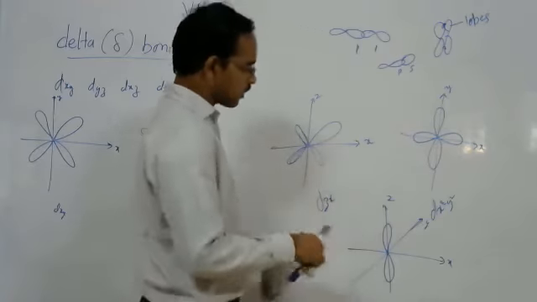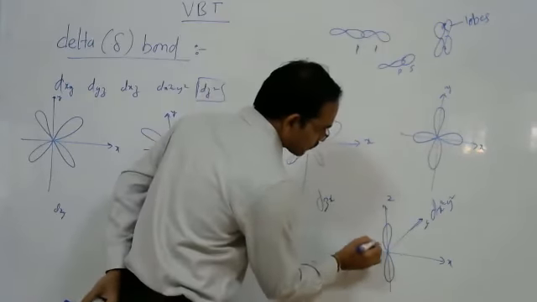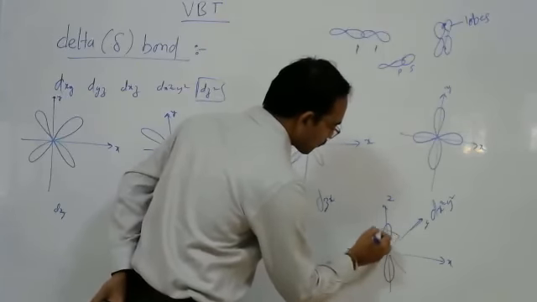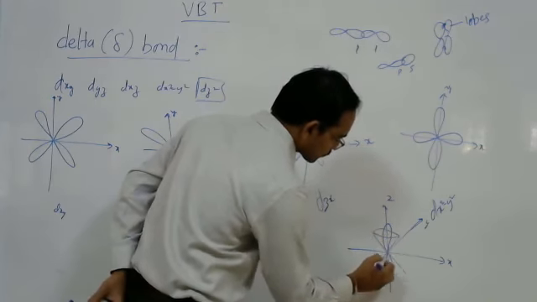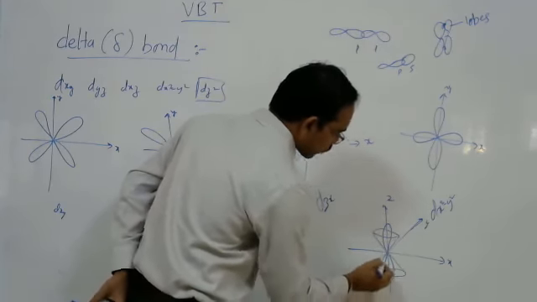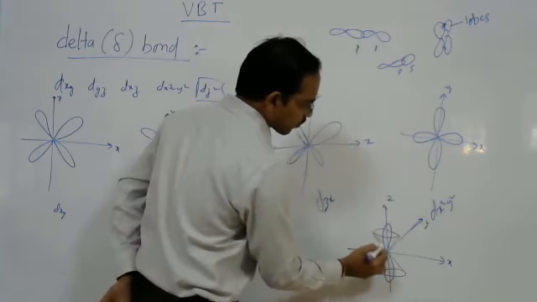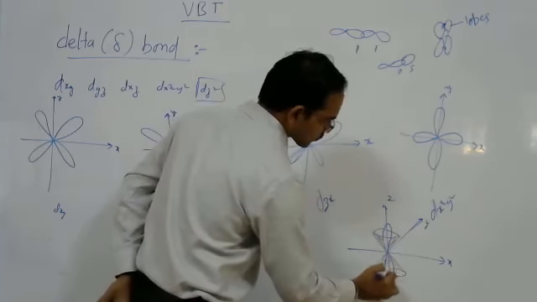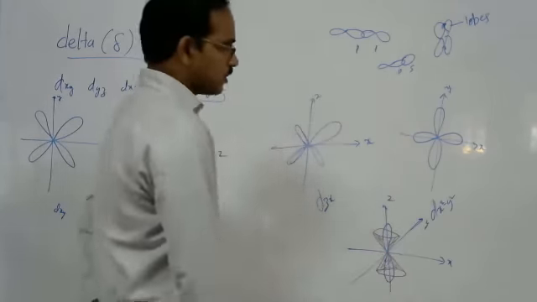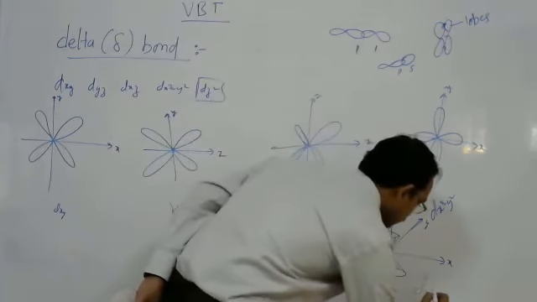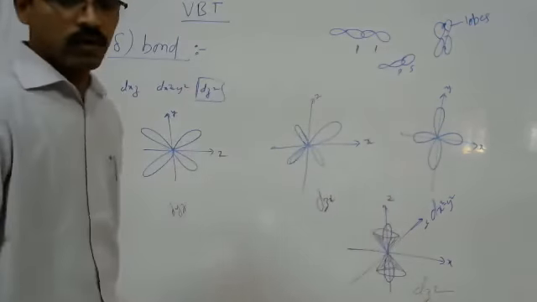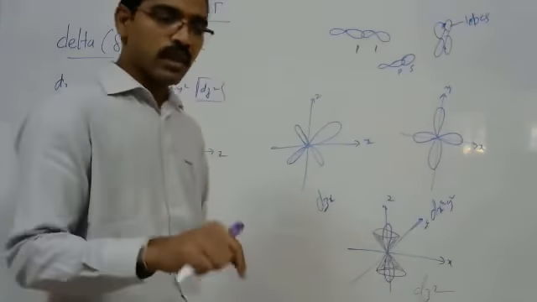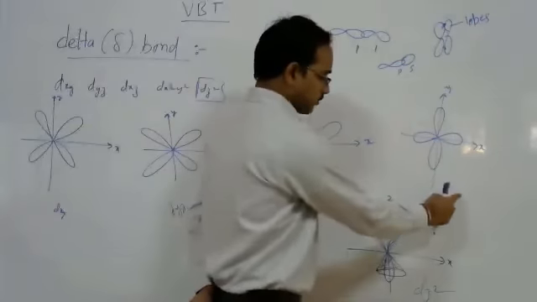But there is a little variation in it: one cone shape is there. Cone, like an ice cream cone, you know? So one cone shape stays, two cones are there. This is dz square. Wherever square is there, those are on the axis: dx square y square, dz square.